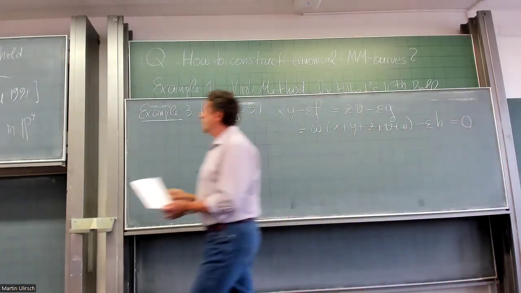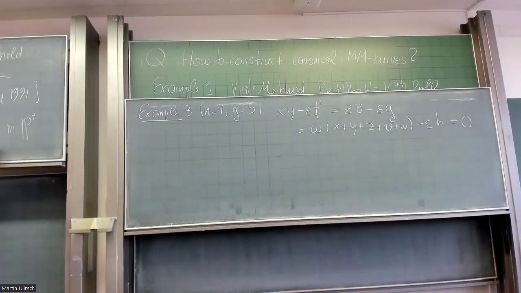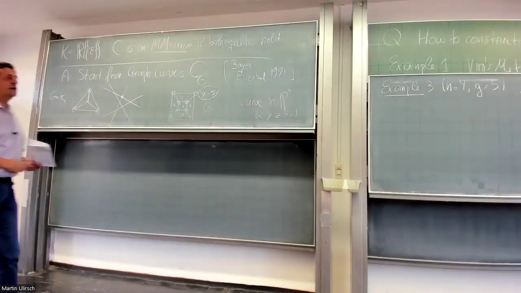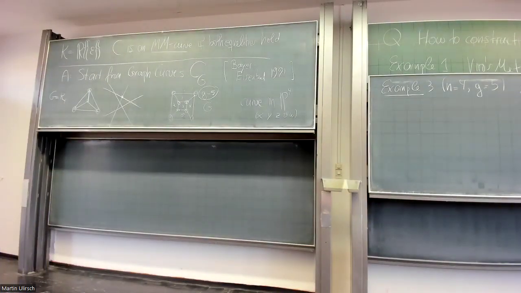In my projective space here, I take homogeneous coordinates x, y, z, v, and w. And then f, g, and h are quadratic forms in those 5 variables with friendly real coefficients.